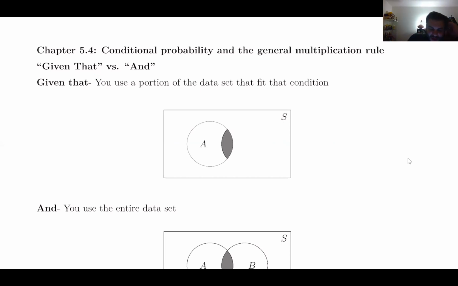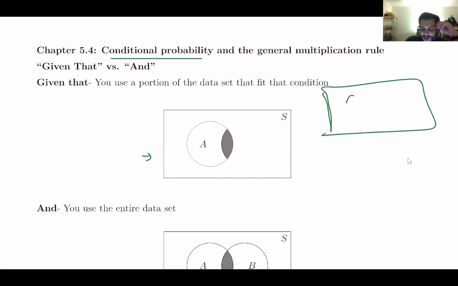So if you remember, conditional probability means that there's a condition. So instead of using the whole table or all your sample, the conditional probability is telling you that you're only going to pick the people or the objects that meet that condition. If you look right here, here's the Venn diagram. If you remember, a Venn diagram only has A and your B event.